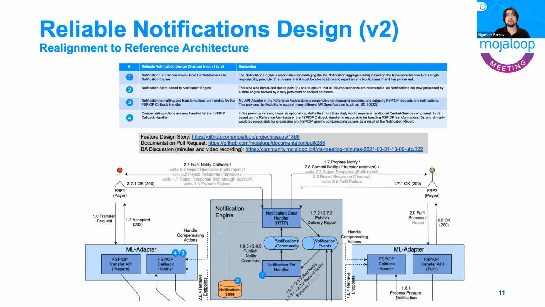Inevitably, all the changes that we've done for this realignment are very much aligned to some of the principles defined as an outcome of those reference architecture discussions. The main change is that this notification event handler was originally in the central services itself.